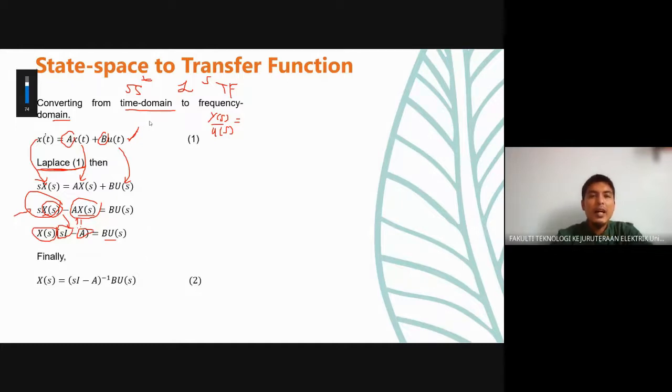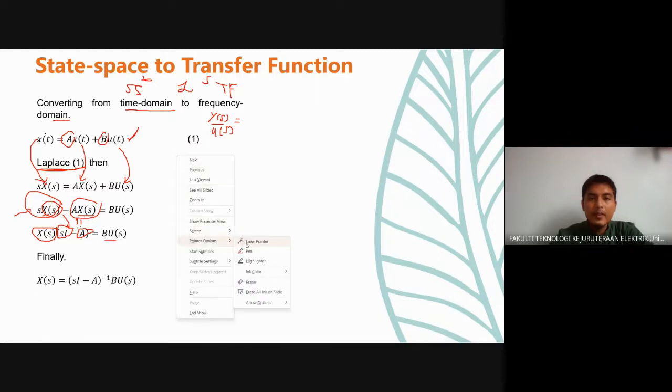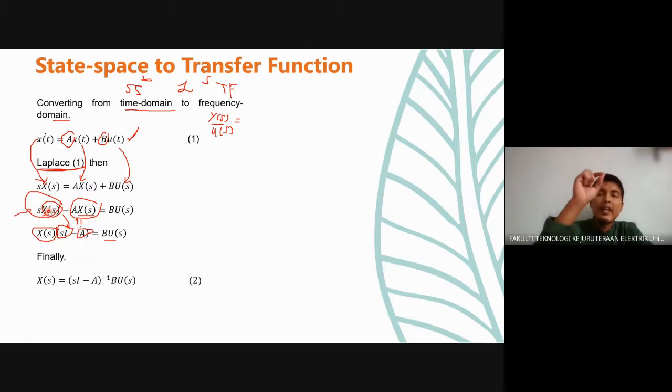So that's why when you factorize this part, it becomes sI, because A is a matrix form and s is just an s.